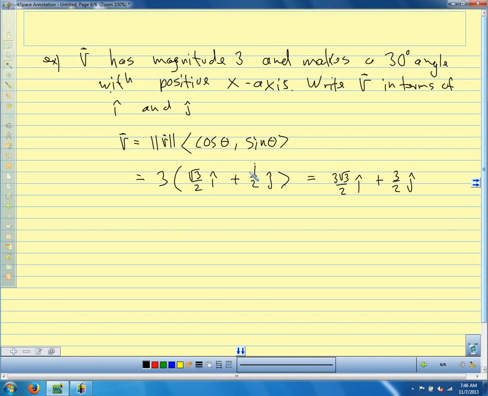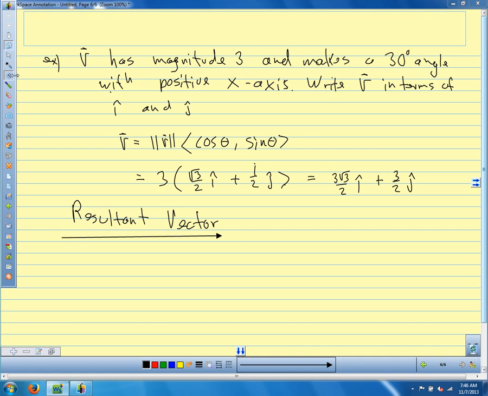Often you'll be given some kind of problem, and one type of problem that you'll see with these basic vector operations is it'll ask you for the resultant vector, resultant force, resultant velocity, something. And all that the resultant means is that we are adding all the various vector quantities together.